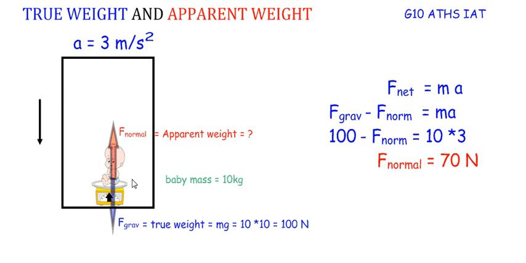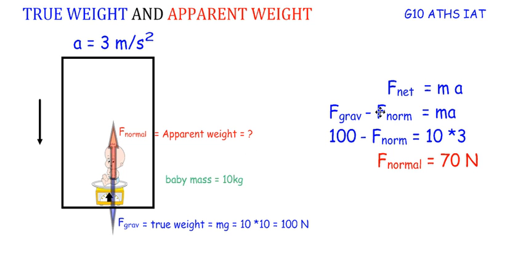We can analyze this by looking at Newton's second law, which states that F net equals ma. The net force in this case is the gravitational force minus the normal force. The gravitational force is larger, so the gravitational minus the normal force gives you the net force downwards.